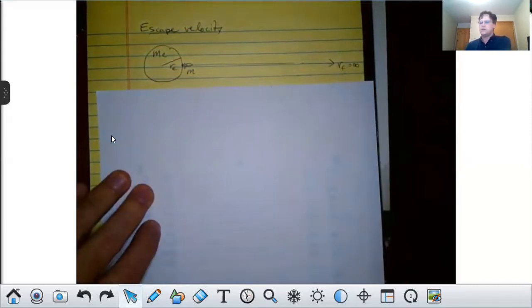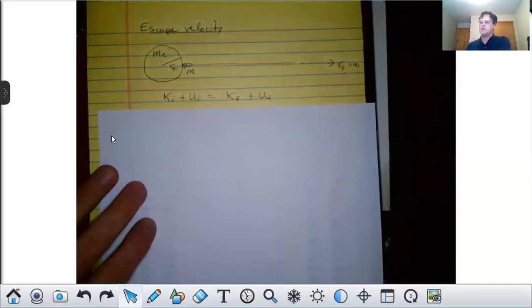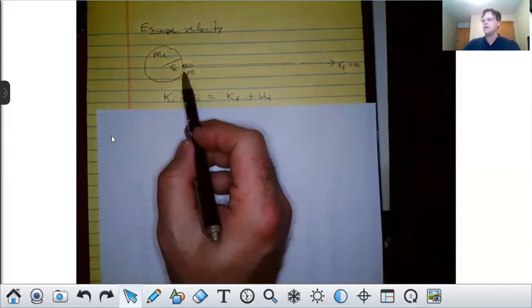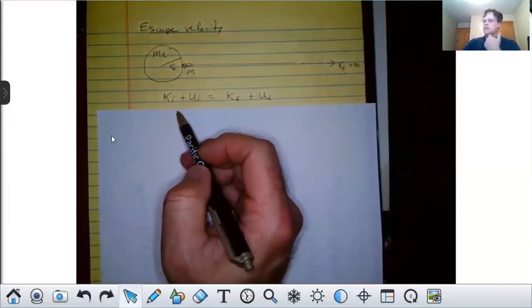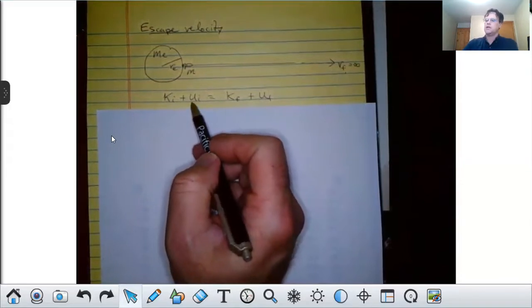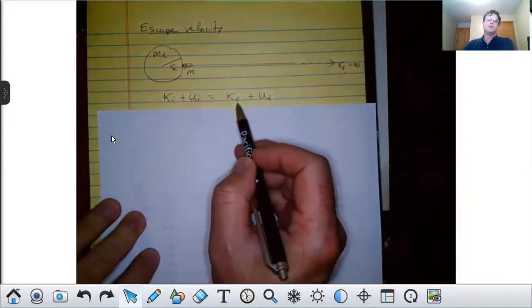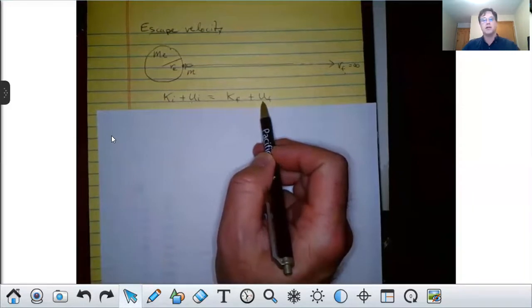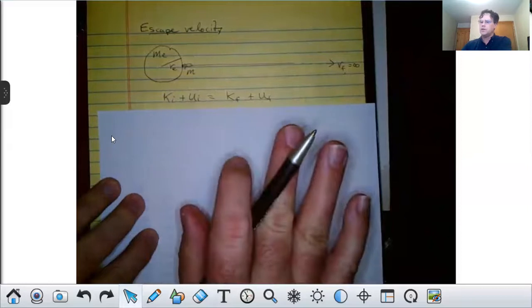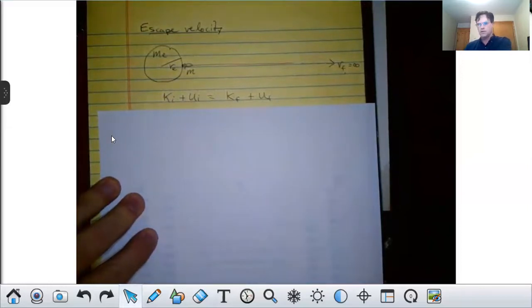And I'm going to use our old conservation of energy, right? I'm going to start with some kinetic energy, maybe some potential, but the total initial kinetic plus potential energy must equal the total final kinetic plus potential energy, right? Unless you had friction, which we dealt with, but there's no friction here, no atmosphere. We're out in outer space once we get away from the Earth.